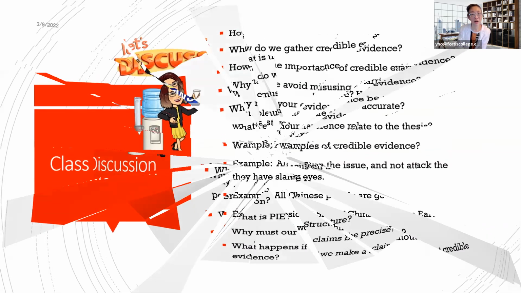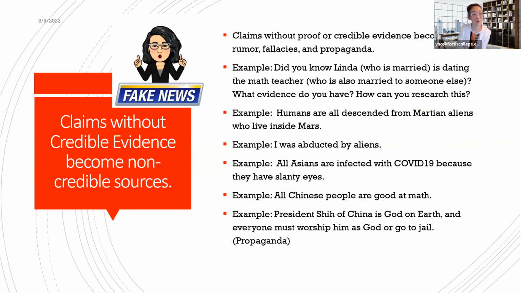All right, so claims without credible evidence become non-credible sources. And so we want to avoid non-credible sources. So non-credible sources are things like rumor, fallacies, gossip, propaganda. For example, President Xi of China thinks that he's God on earth, and everyone must worship him as God or go to jail, which is true.